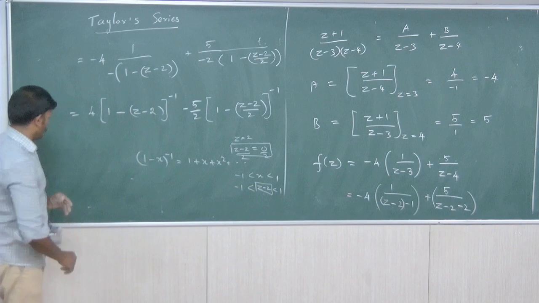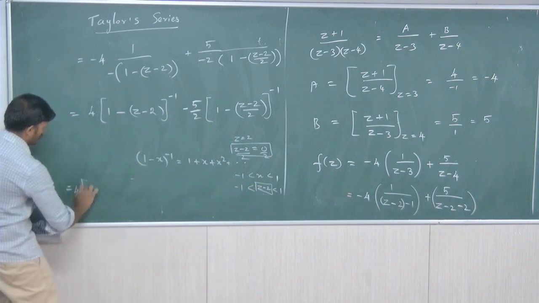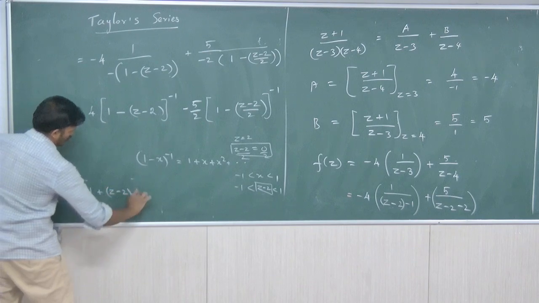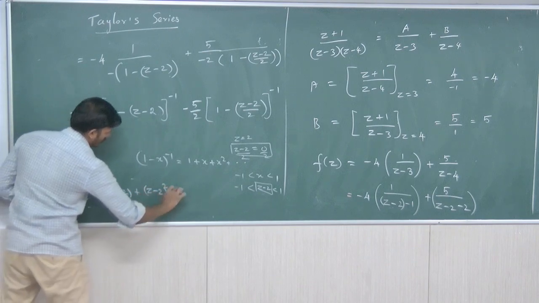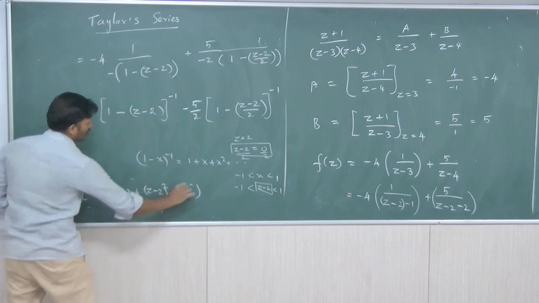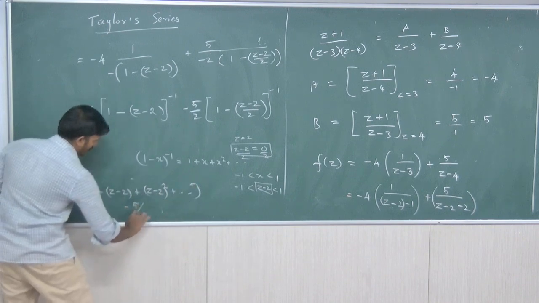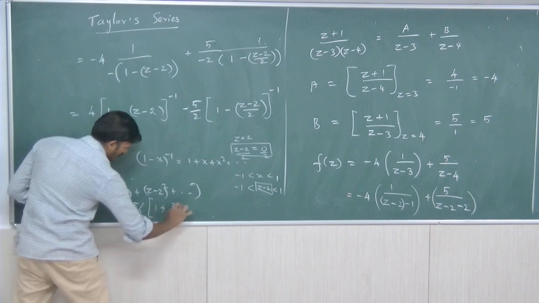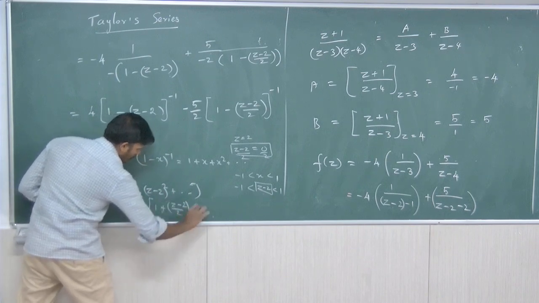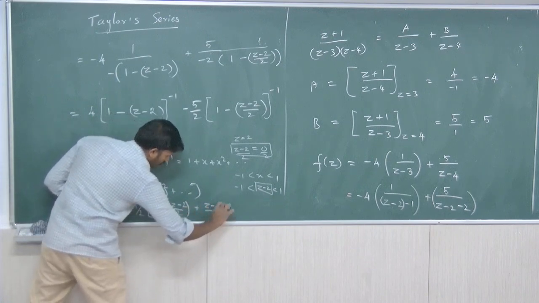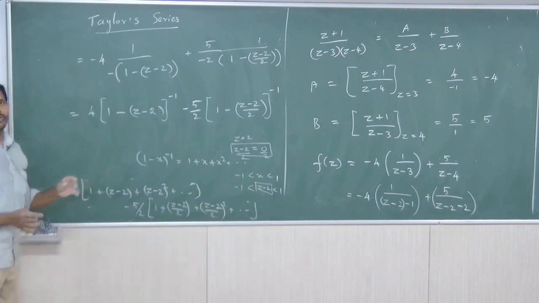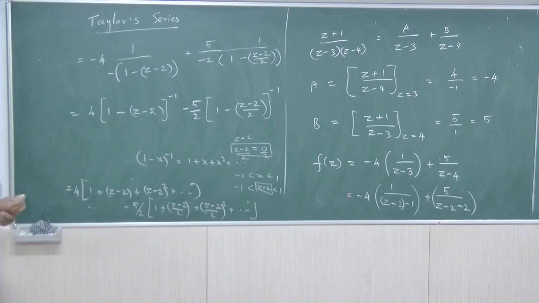After expanding you may get 4 into 1 plus (z minus 2) plus (z minus 2) whole square and so on, right? Minus 5 by 2, if you expand the second term you may get 1 plus (z minus 2) divided by 2 plus ((z minus 2) divided by 2) whole square and so on. So that's all. So like this you can expand a Taylor series, right?